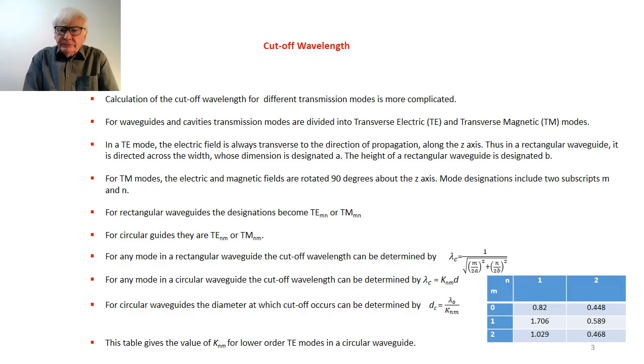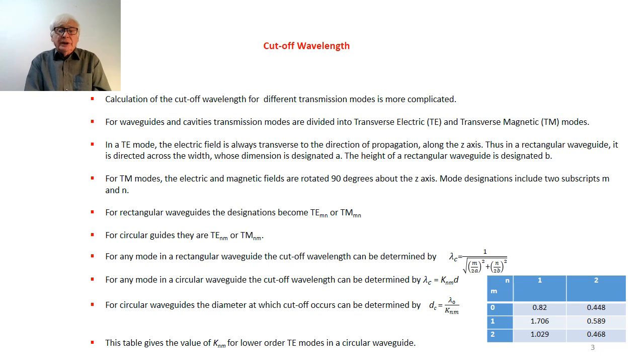And you can see from this formula that we are now able to relate lambda c, which we've said is a very important parameter, to both the dimensions of the waveguide, A and B, and the definition of the transmission mode, which includes the subscripts M and N.